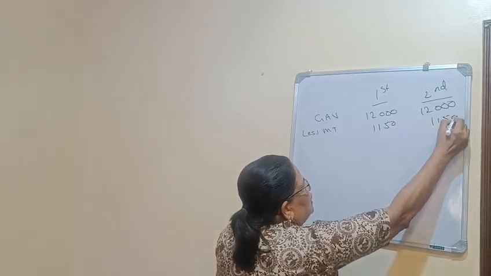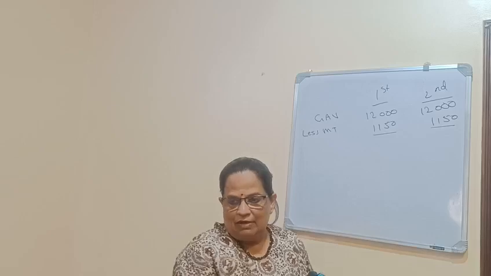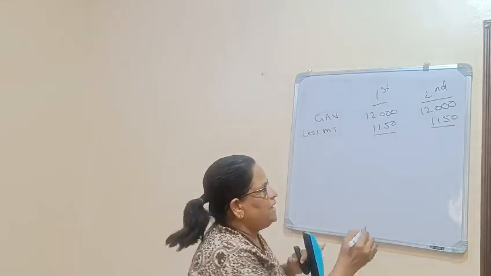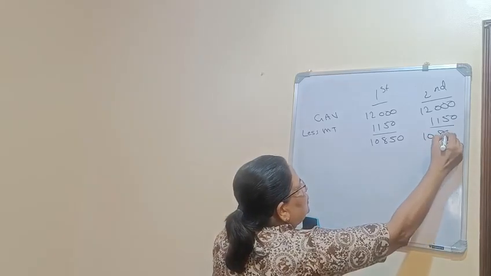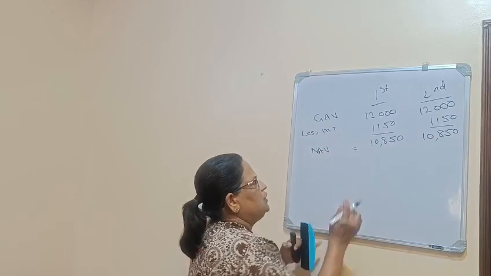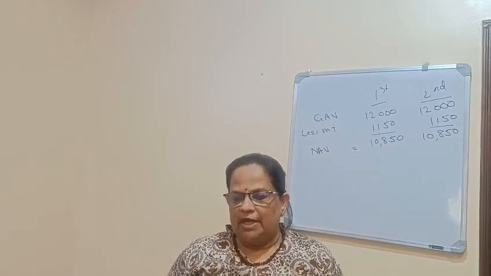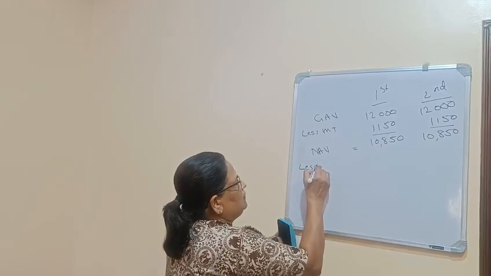1,150. So net annual value is 10,850. 10,850 is the net annual value. Now here both the houses are let out. So less standard deduction.